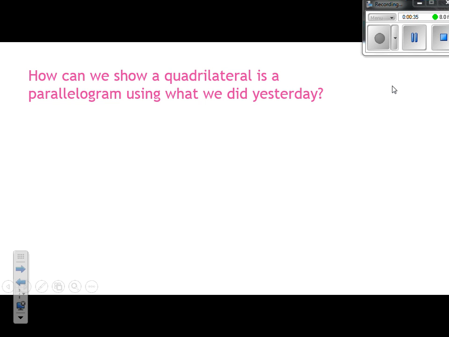All right, so first and foremost, how can we show a quadrilateral is a parallelogram? By what we used yesterday. We need to know what a parallelogram is and the characteristics of a parallelogram. One thing that I know is that both pairs of opposite sides are parallel.